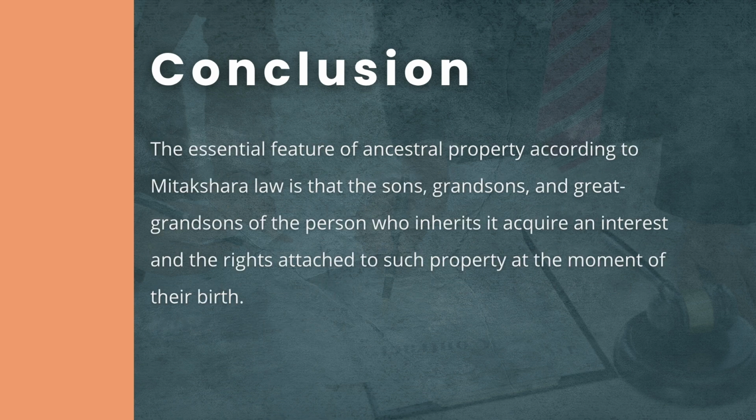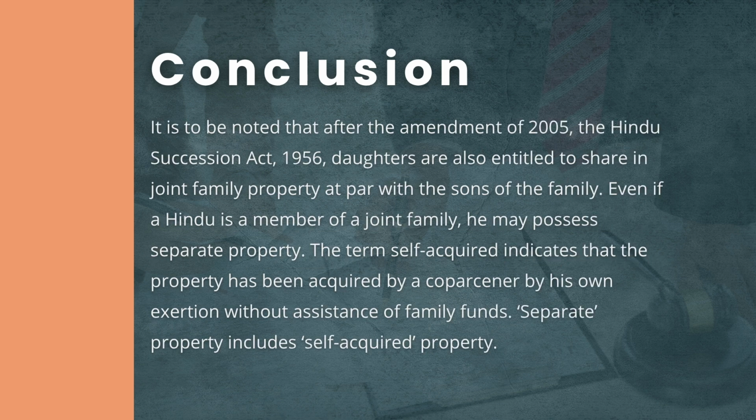The essential feature of the ancestral property, according to Mitakshara law, is that the sons, grandsons, and great grandsons of the person who inherits it acquire an interest and the rights attached to such property at the moment of their birth. It is to be noted that after the amendment of 2005, the Hindu Succession Act 1956, daughters are also entitled to share in joint family property at par with the sons of the family.